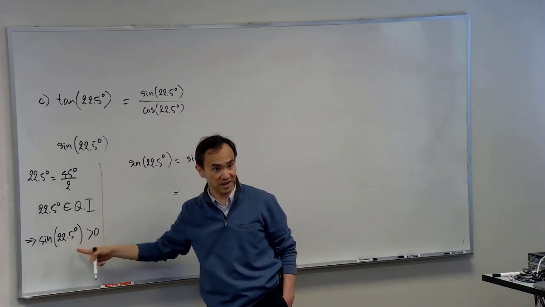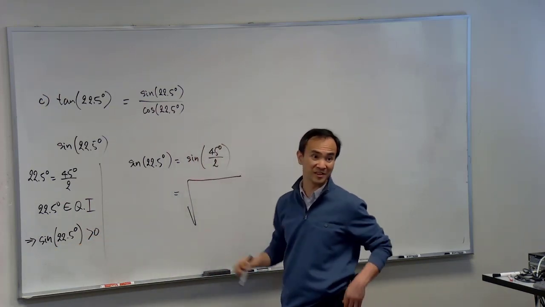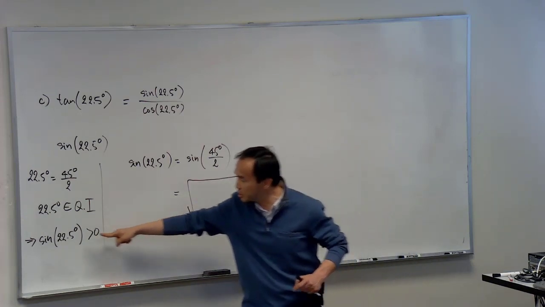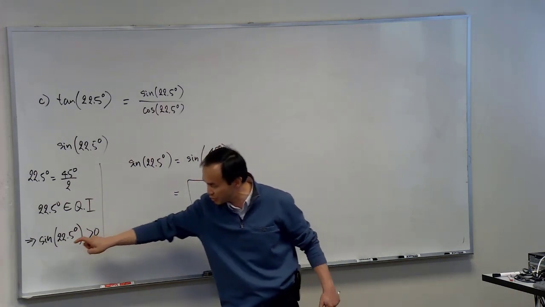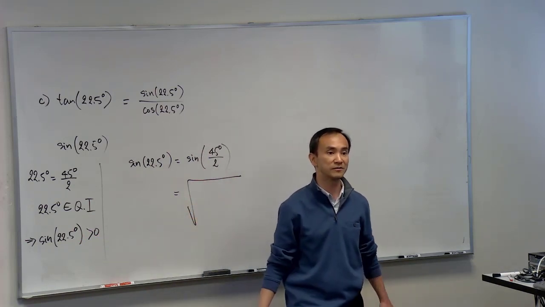This answer has to be positive, so I'm going straight into the positive square root, because remember the formula says plus and minus. But we did some planning before getting into the problem. We knew the answer had to be positive, so I'm going straight into that positive formula.